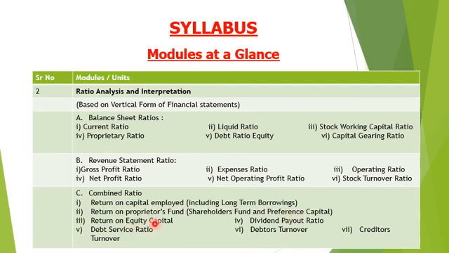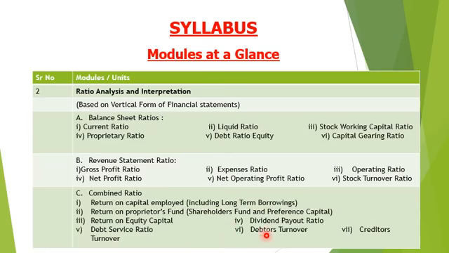The third ratio is the return on equity capital, which is the profit available to equity shareholders. The fourth one is the dividend payout ratio. The dividend payout ratio is the profit available to equity shareholders upon dividend per share. The next ratio is the debt service ratio, which is related to the interest coverage ratios.